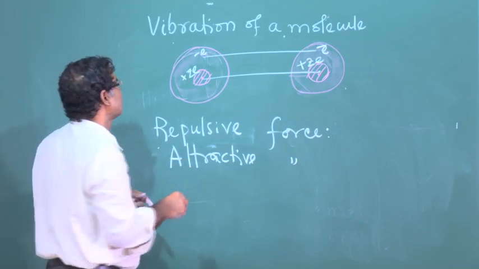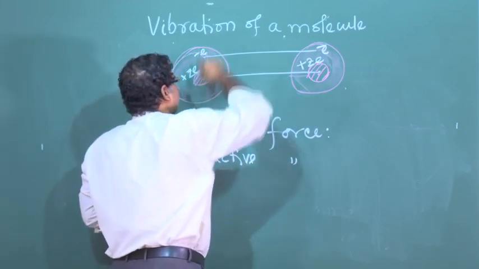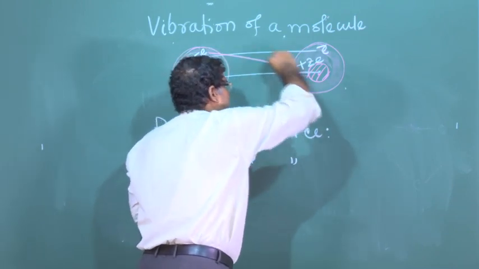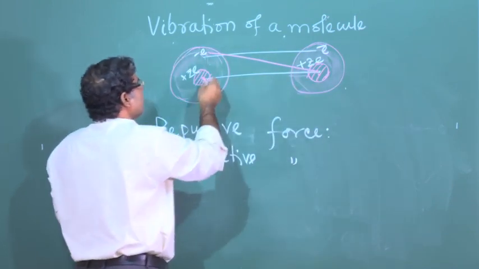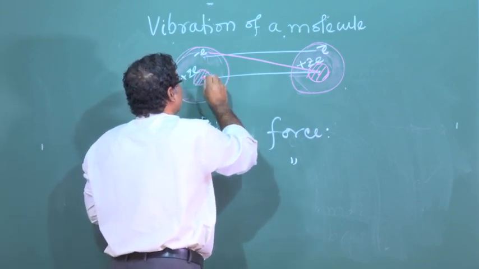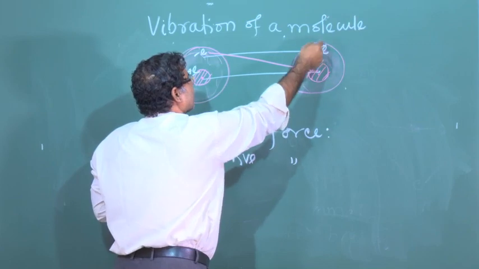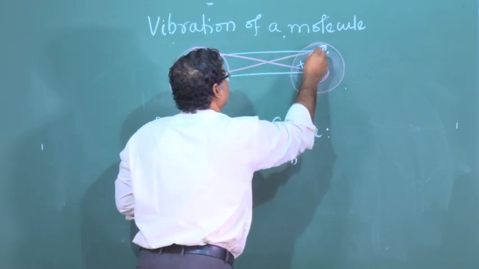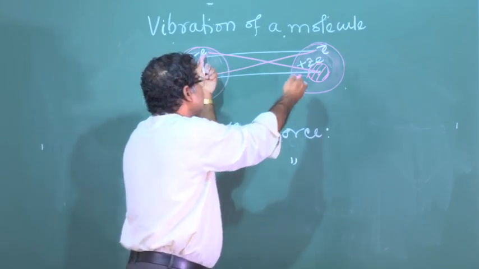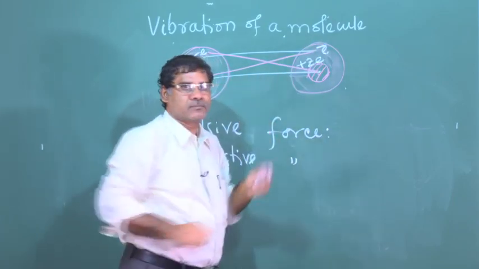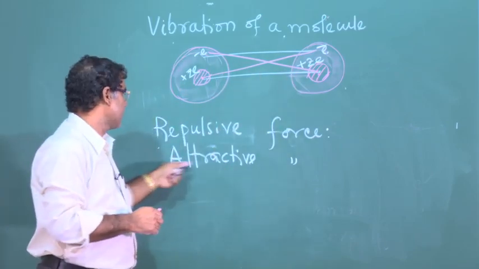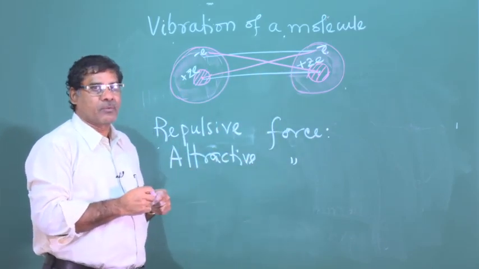Source of attractive force is basically electron to nucleus, and also this nucleus of this atom to this electron of the other atom. So, that nucleus to electron interaction will be an attractive force.